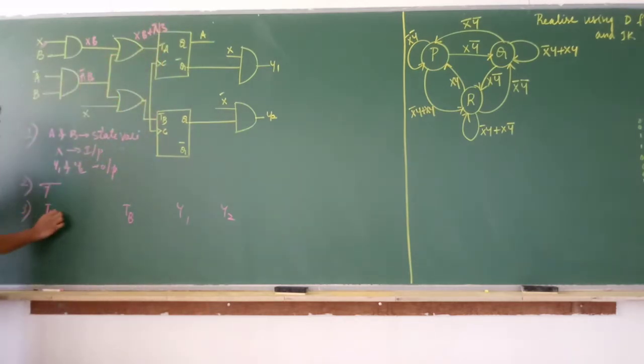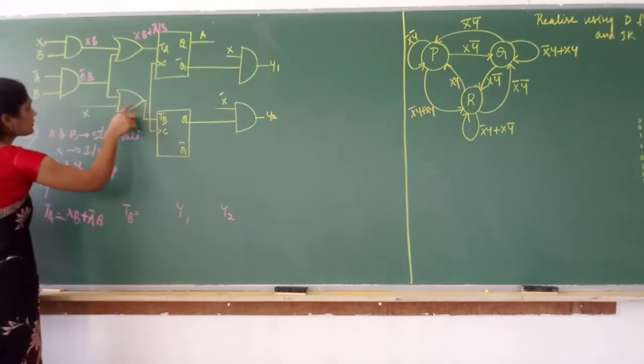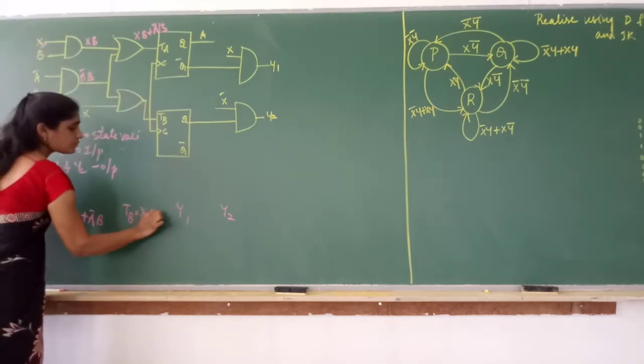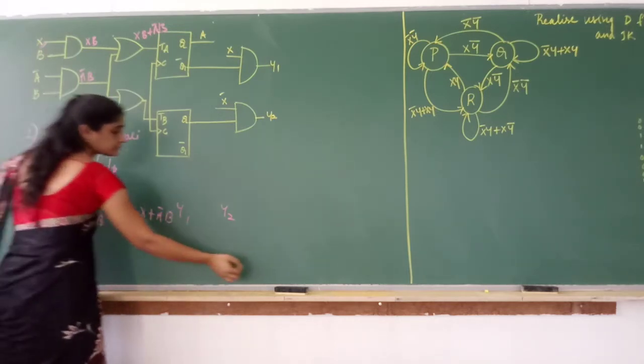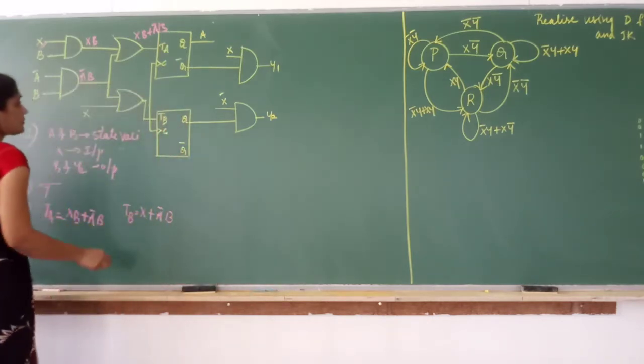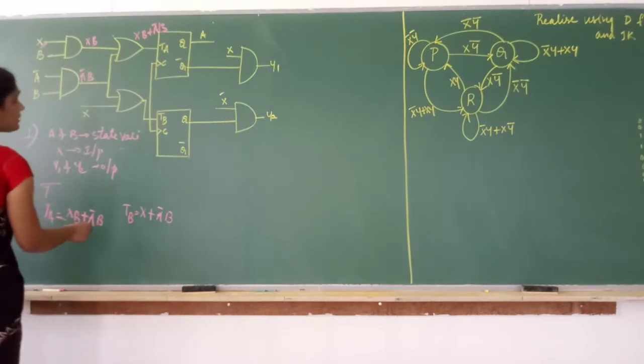So TA is equal to xb plus a bar b. And what is TB? One input is a bar b, one more input is x. So TB is equal to x plus a bar b.